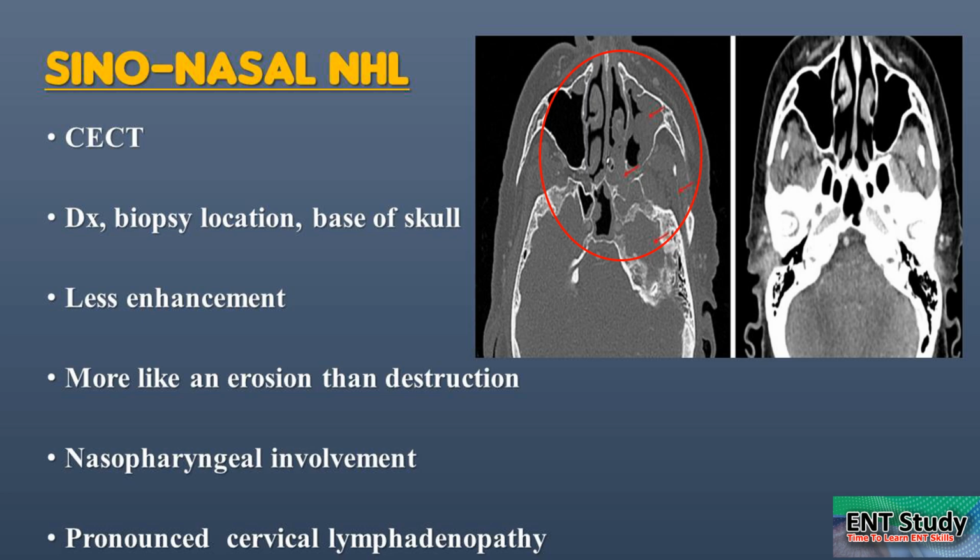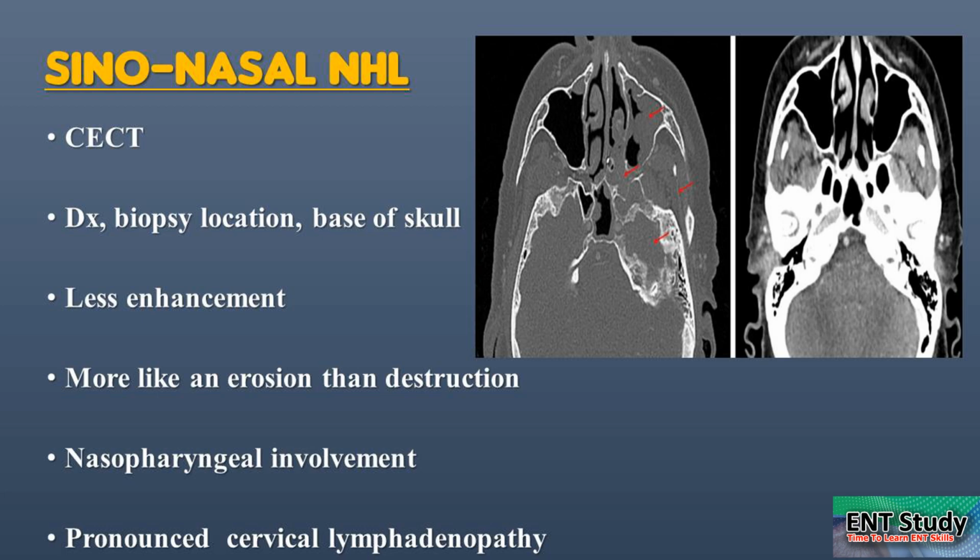This is something which is gently pressing on the bones and causing them to become thinned out. That is called erosion. So pressure erosion due to a mass rubbing on the walls has a different appearance, and something which is actually eating away the bone has a different appearance. And that is important to identify.